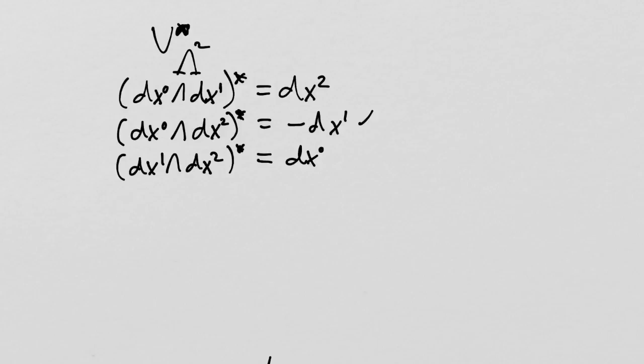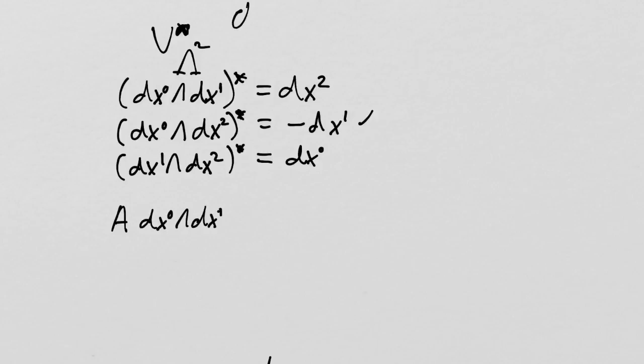And now with this, I can branch out. As usual with vector spaces, if I know something about the basis vectors and how things work on the basis vectors, everything being linear, I can say something about any vector in the second exterior power. So let's take any vector in the second exterior power. I'll call it A dx0 dx1.